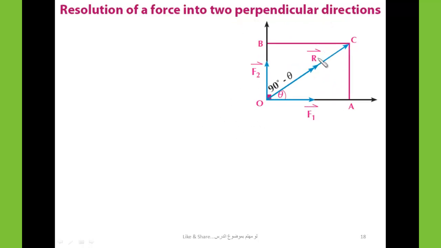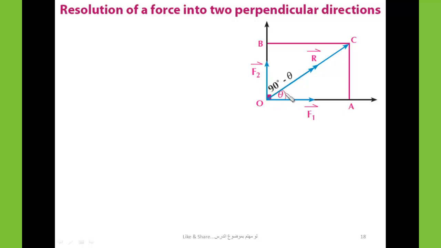We have R, and we want to resolve this resultant force into two perpendicular directions, F1 and F2, and the angle between them is 90 degrees. So if this angle equals theta, the other angle will be 90 minus theta.